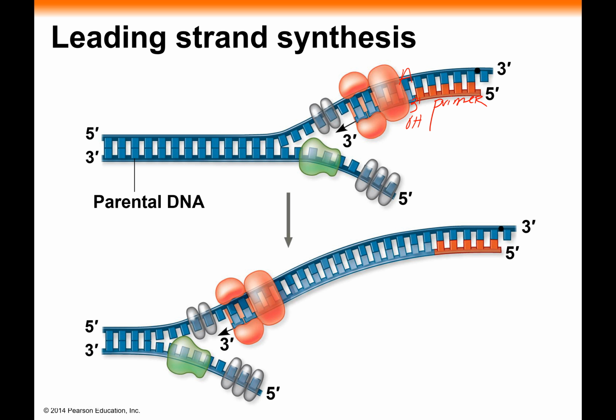If there's an A here, it puts a T, and so on, C, G, and it just keeps doing that in this 5' to 3' direction. So if you look at the new strand being produced, it's being produced in a 5' to 3' direction. Okay, so this end one right here would have another hydroxyl group that could be added to.